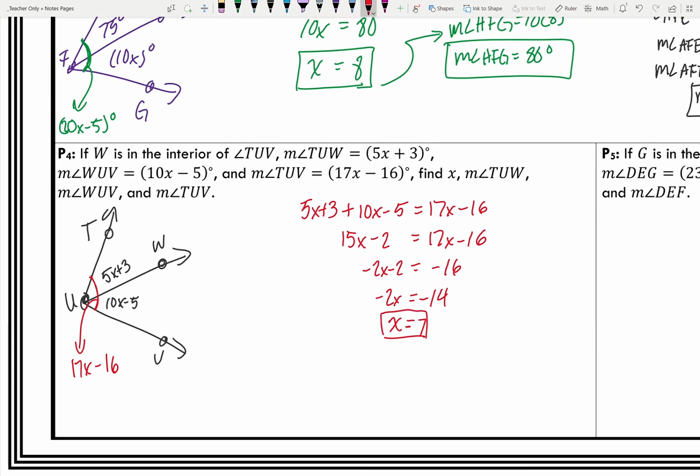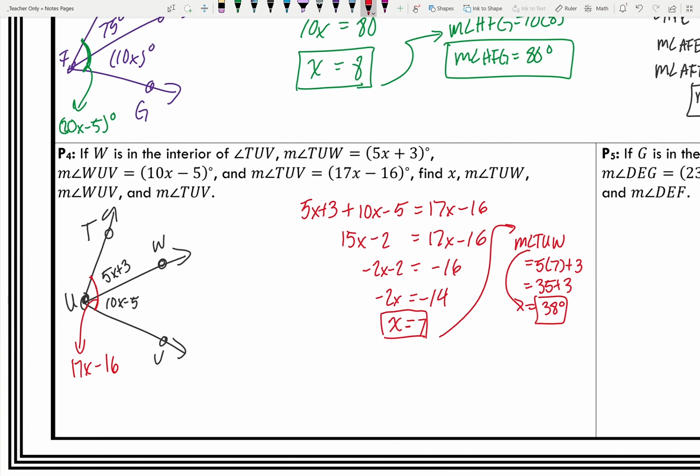Plug x in to find TUW. The measure of angle TUW is equal to 5x plus 3. Plug in 7 for x, we get 5 times 7 plus 3, which is 35 plus 3, which is equal to 38 degrees for the measure of angle TUW.